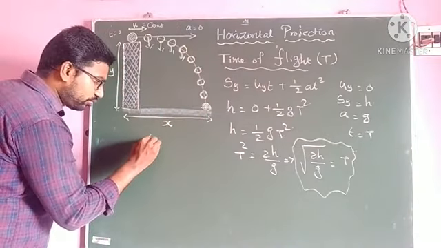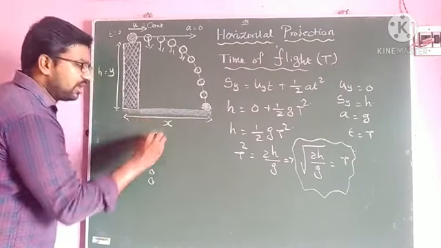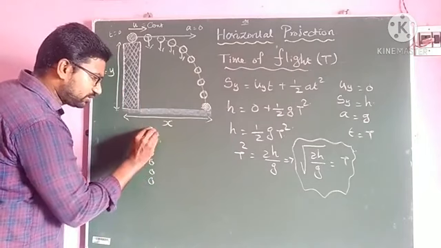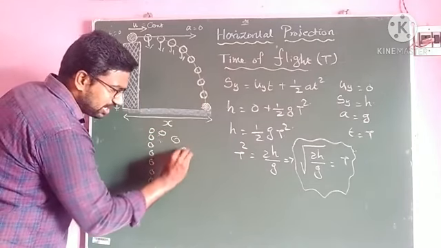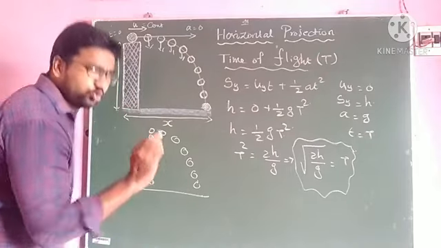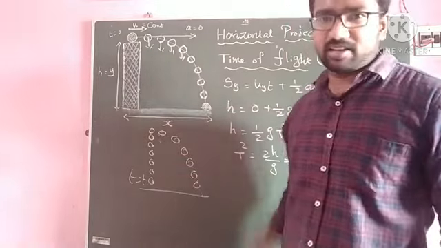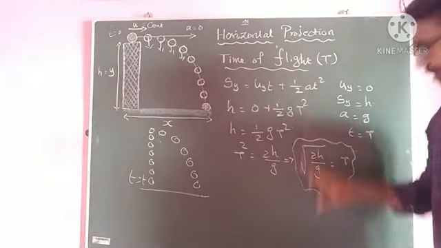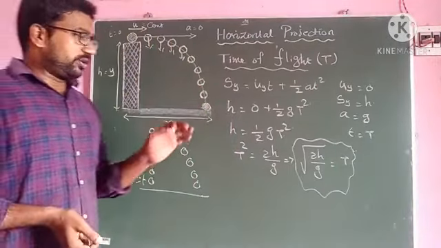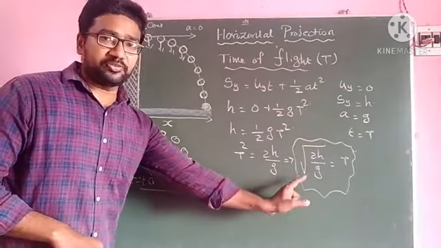The ball thrown in free fall will reach the ground. The other object is thrown with an initial velocity, and it will reach the ground at the same time. These two objects reach the ground at the same time because they are projected from the same height. So the time of flight mainly depends upon the height of the object. It is independent of initial velocity. Okay, students, a very important point.